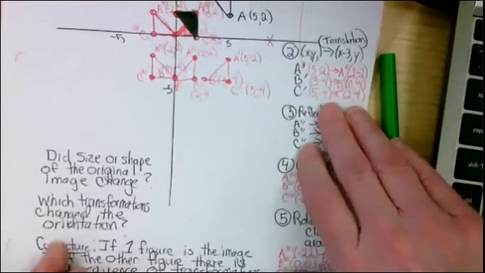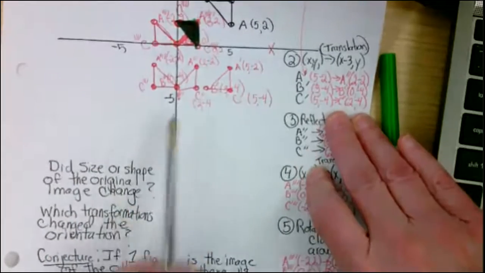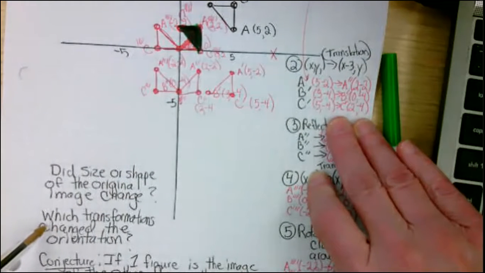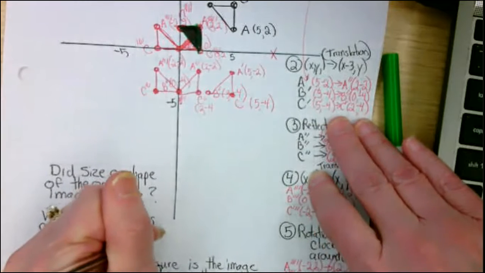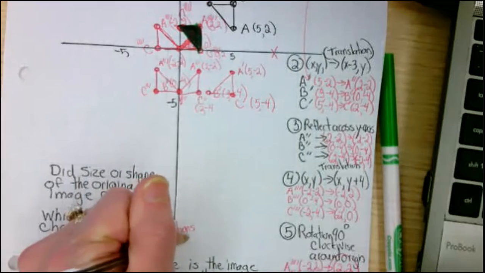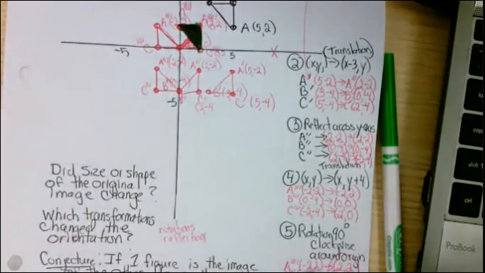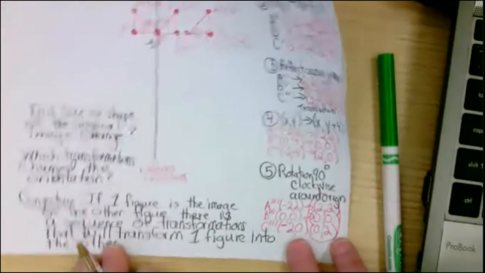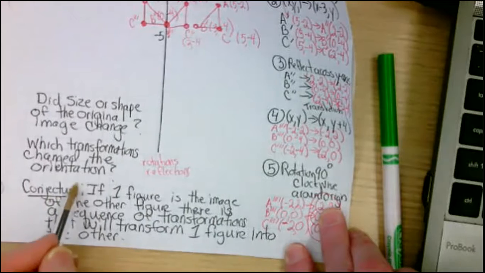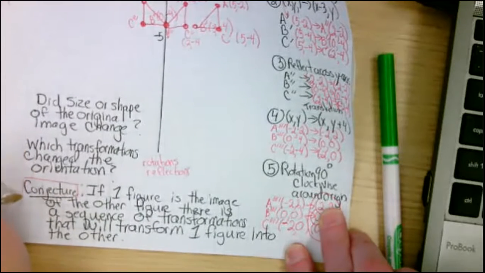So now if we look at it, did the size or shape of the original image change? No. Which transformations changed the orientation? Well, the rotations and the reflections, right? So if one figure is the image of the other figure, and a conjecture in geometry is, it's not provable, but yet it's pretty much known to be true.